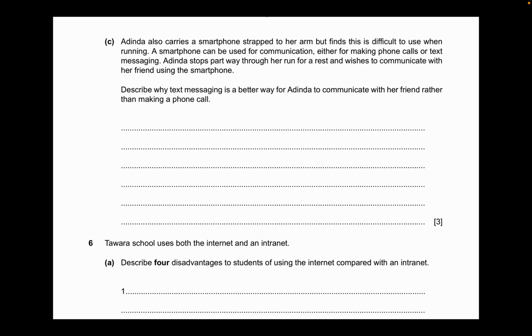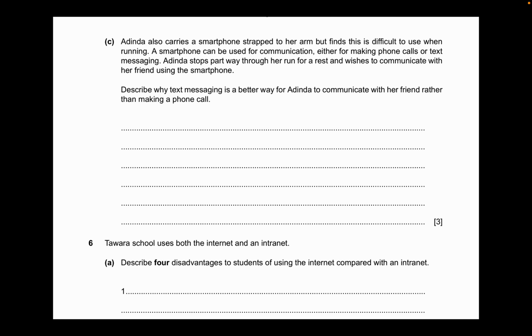Next question is that Andinda also carries a smartphone strapped to her arm, but finds this is difficult to use when running. A smartphone can be used for communication, either for making phone calls or text messaging. Andinda stops part way through a run for a rest and wishes to communicate with a friend using the smartphone. Describe why text messaging is a better way for Andinda to communicate with a friend rather than making a phone call.